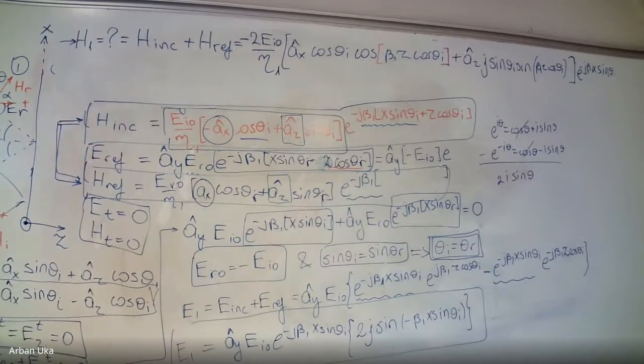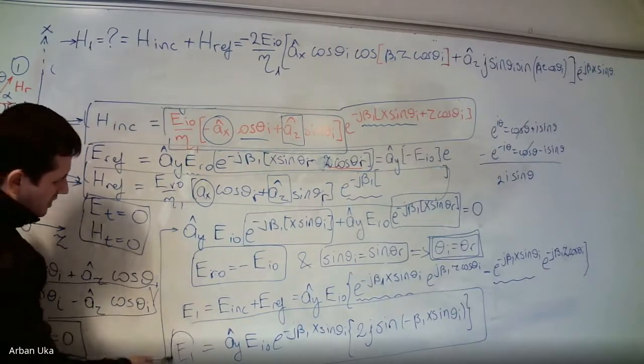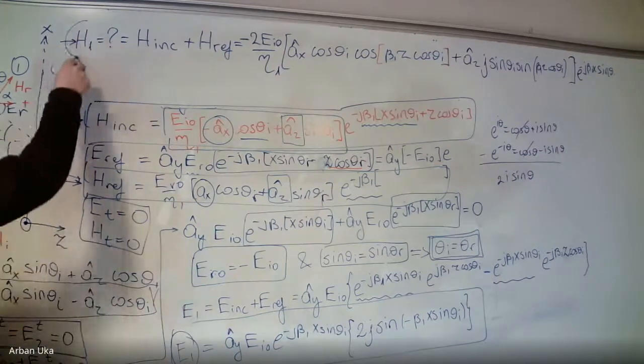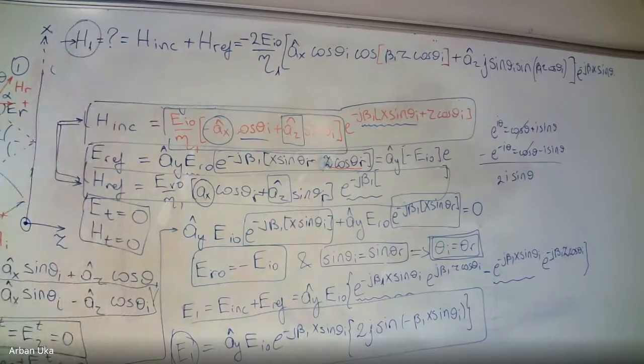Now, we can make use of the terms on the board right now, the E1 and H1, in order to find the time average power density, which denotes the energy flow. So the time average power density is the following.